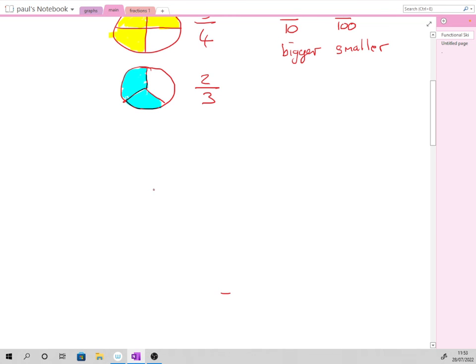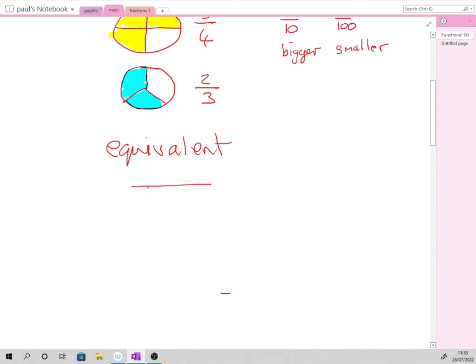So we could then go down to equivalent fractions. Obviously these numbers are all different, but they can represent exactly the same thing, the same value.